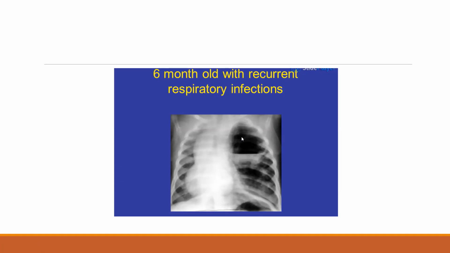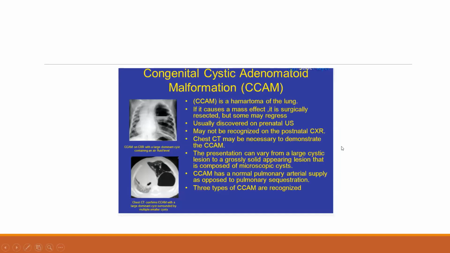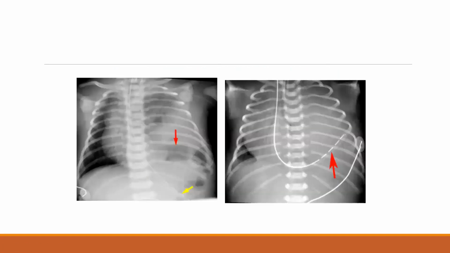When we get a baby at 6 months with recurrent respiratory infection, you have to remember that it could be congenital cystic adenoid malformation. It can even displace the heart. You see, the mediastinum is displaced totally. If we get this type of X-ray, then we have to send the patient for CT scan, of course, and in the CT scan the congenital cystic adenoid malformation will be confirmed.